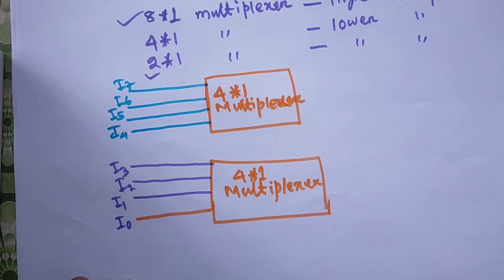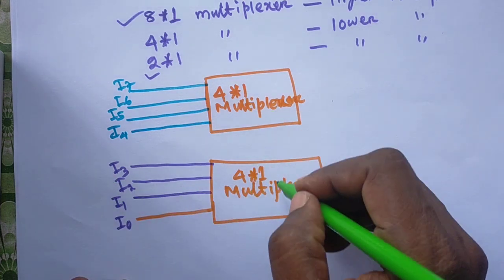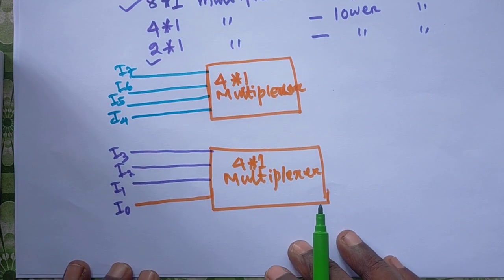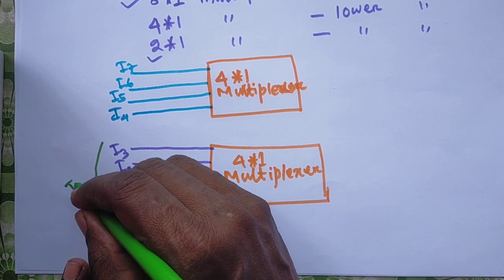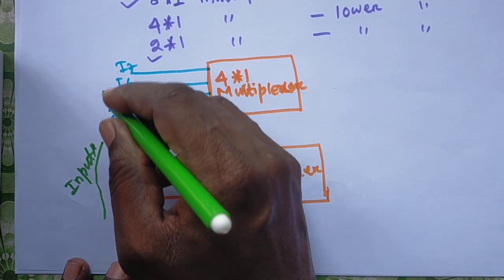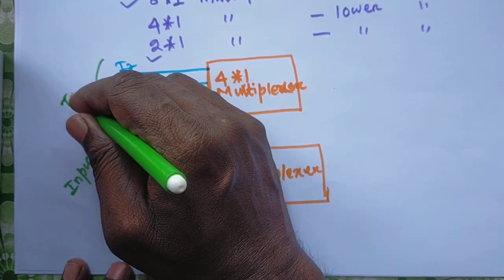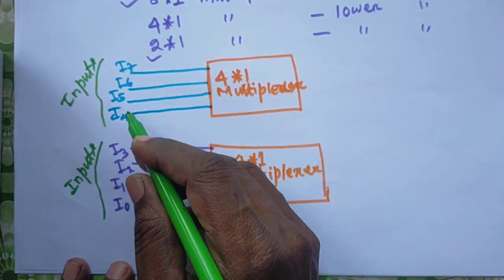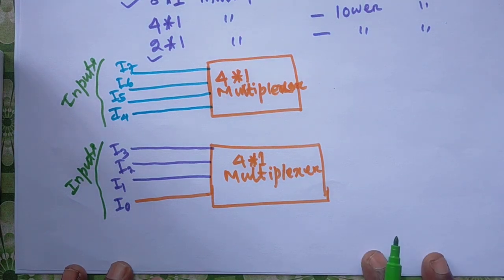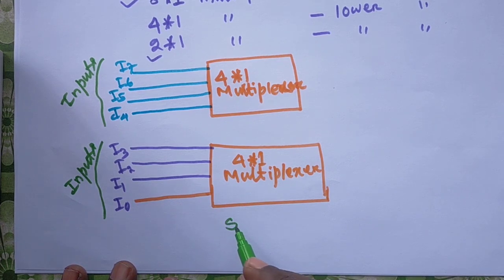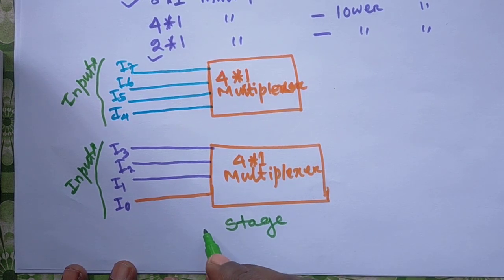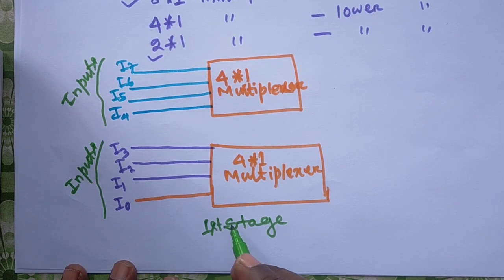So these 2 multiplexers are considered as the first stage. These are inputs, and similarly here also inputs. How many inputs? 4 here, 4 here, total 8 inputs. This is the first stage.